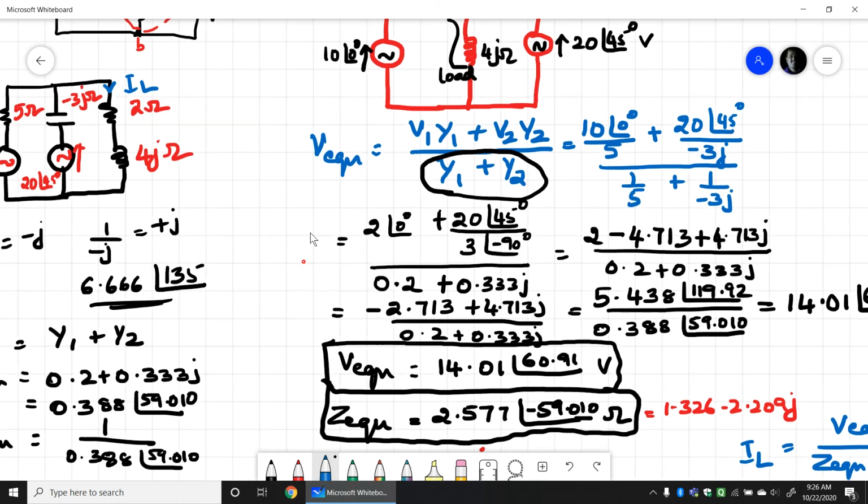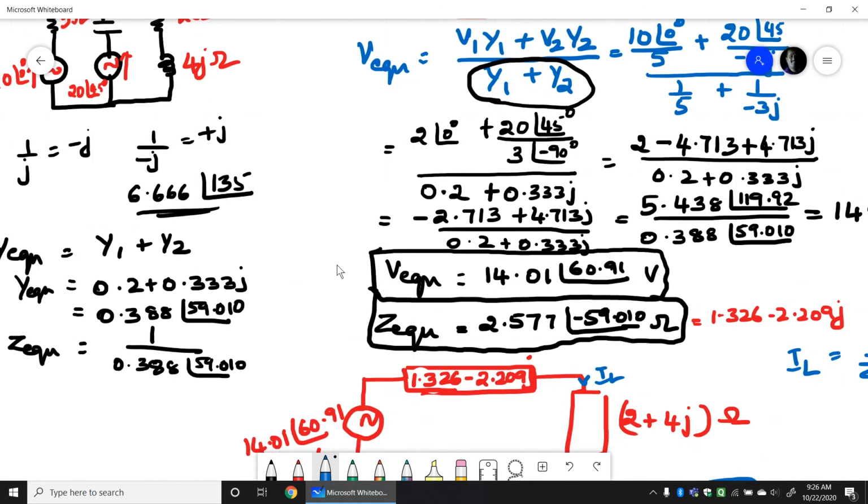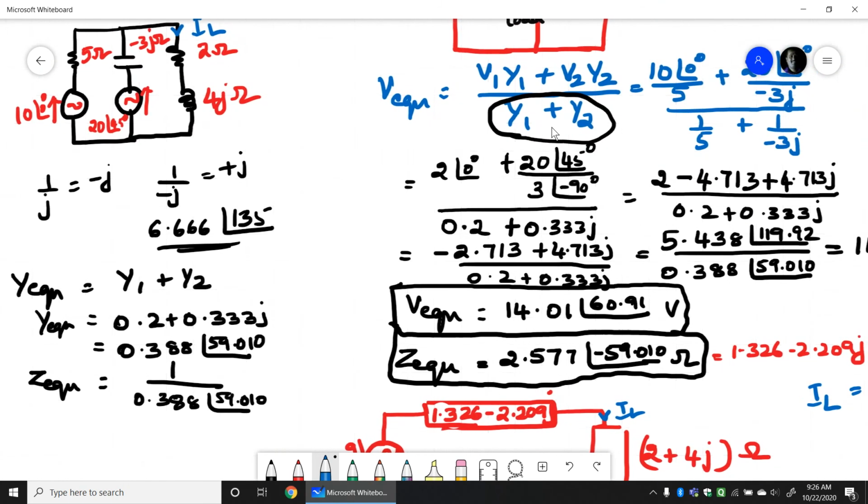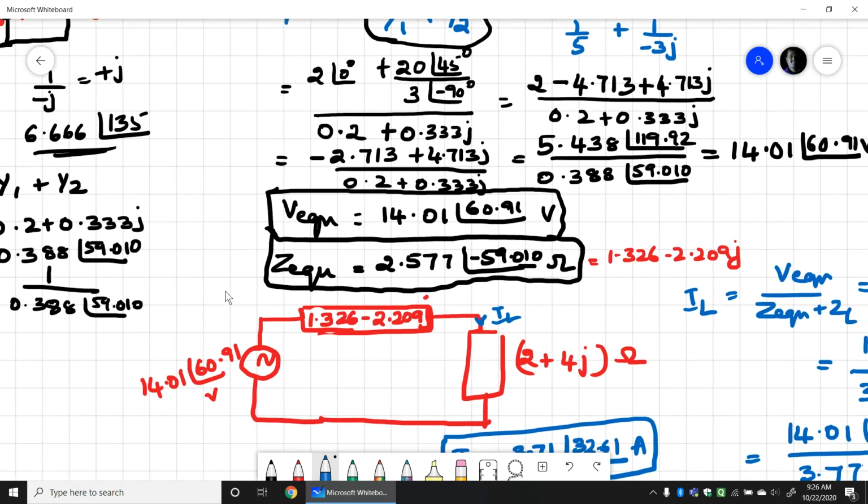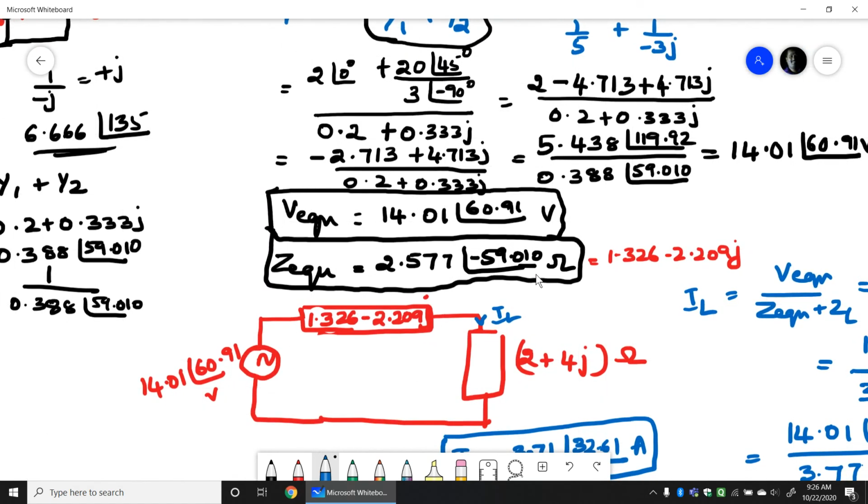Now we found V equivalent with this particular calculation, and then for Z equivalent, Y1 plus Y2 is nothing but Y equivalent. Y equivalent is 1 over Z equivalent, or Z equivalent equals 1 over Y equivalent. So when you solve it, you will get Z equivalent. Now that Z equivalent is converted into rectangular form, and then you write the Millman's equivalent circuit, where all three components are in series.